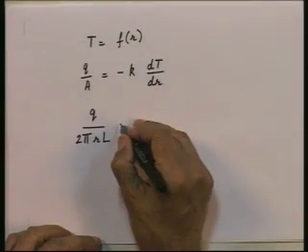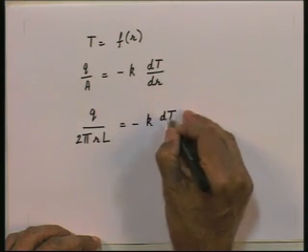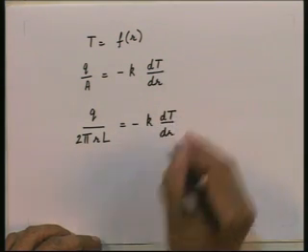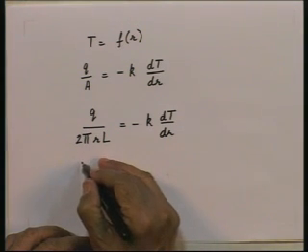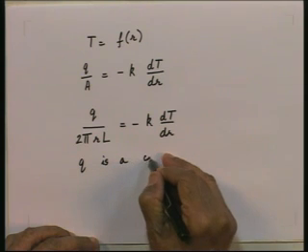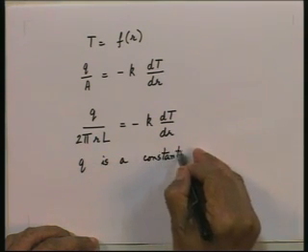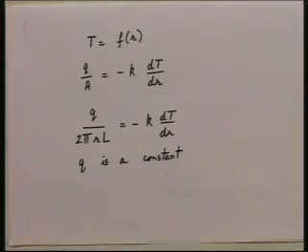So Q divided by 2 pi r L is equal to minus k dT/dr, and Q is a constant, of course. Just like we had shown in the previous case, we can argue that Q is a constant by using the first law of thermodynamics. Q has to be a constant.